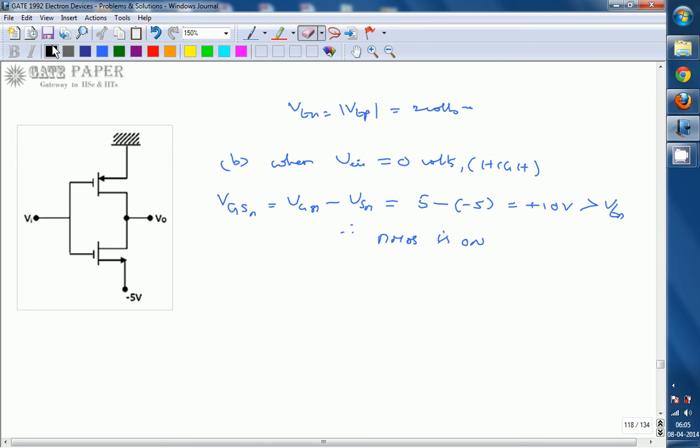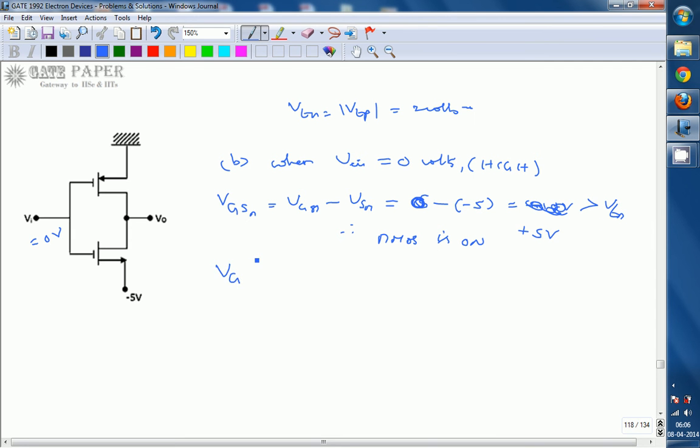So here V input is equal to 0 volts, so VGN is 0. Source is connected to minus 5 volts, so 0 minus of minus 5 is plus 5. So plus 5 volts is greater than plus 2 volts. VTN is 2 volts, so NMOS is on.